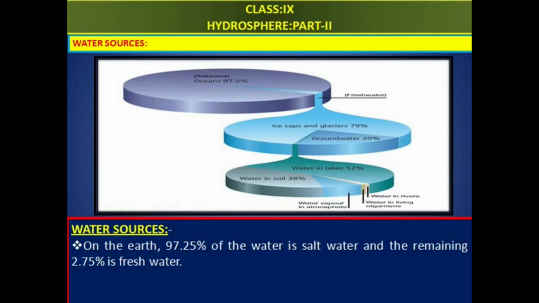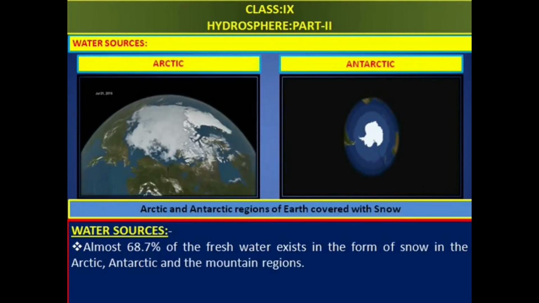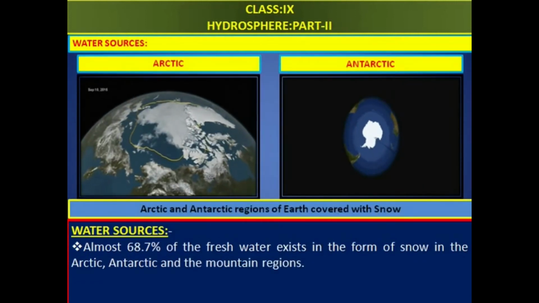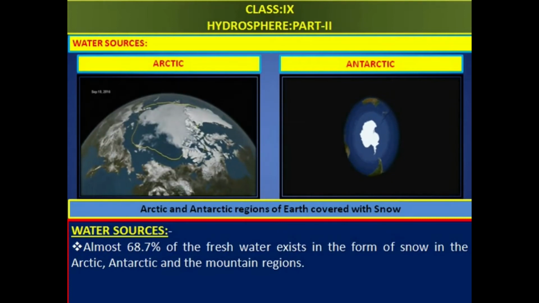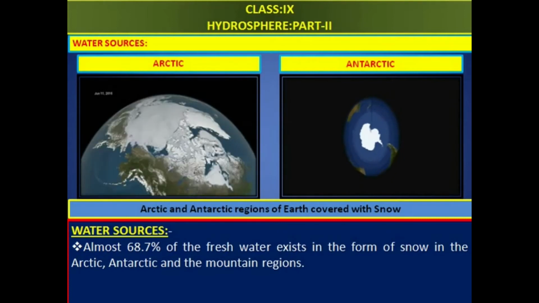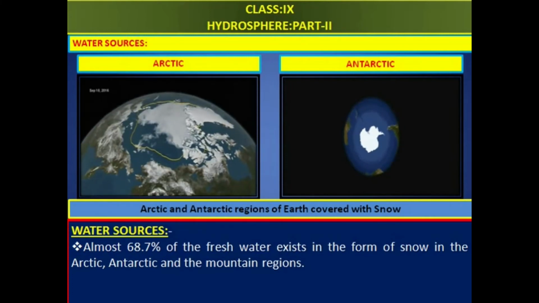On the earth, 97.25% of the water is salt water and the remaining 2.75% is fresh water. Almost 68.7% of the fresh water exists in the form of snow in the Arctic, Antarctic and the mountain regions.